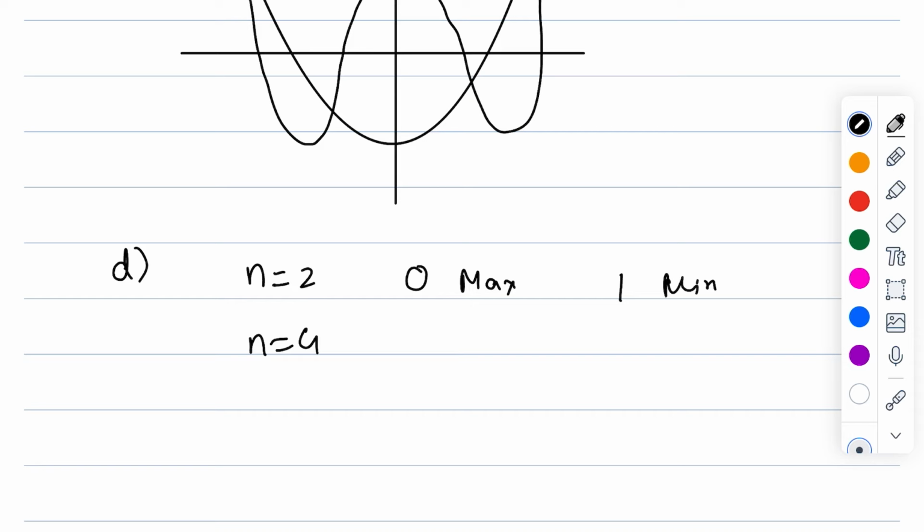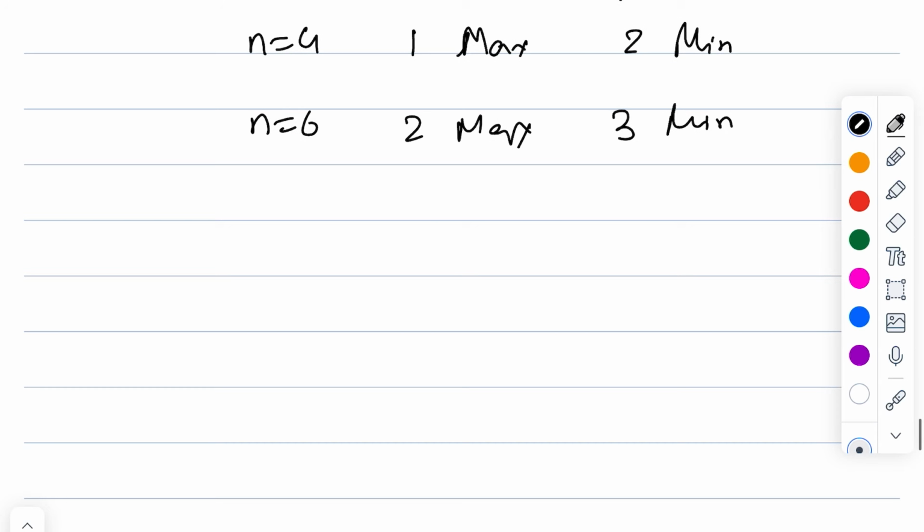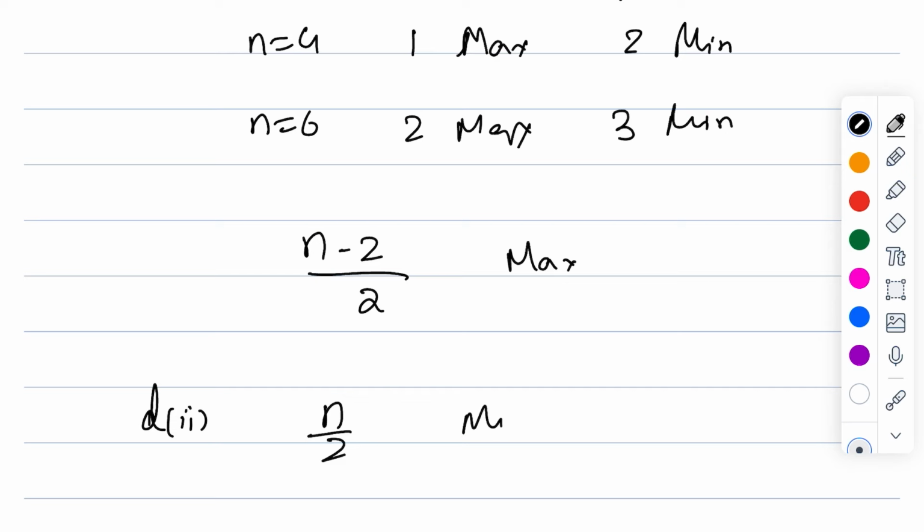For n equals 4, I get 1 maximum and 2 minimum. And n equals 6, I get 2 maximum and 3 minimum. So what is the formula that you can see? For maximum points, n minus 2 by 2. Whereas for minimum points, it's going to be n upon 2.